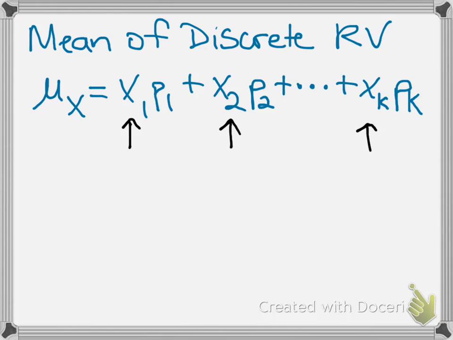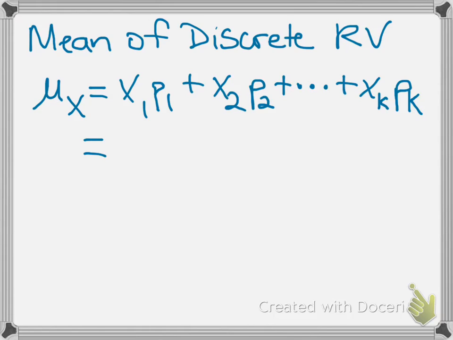And we multiply each of those possible outcomes by their corresponding probabilities, which in the formula we are representing with p sub 1, p sub 2, and p sub k. So again, this might look like a complicated formula, but the idea is pretty simple. All you do is you take each possible outcome and you multiply it by its corresponding probability and then add all those values together, and that sum will give you the mean of your discrete random variable.